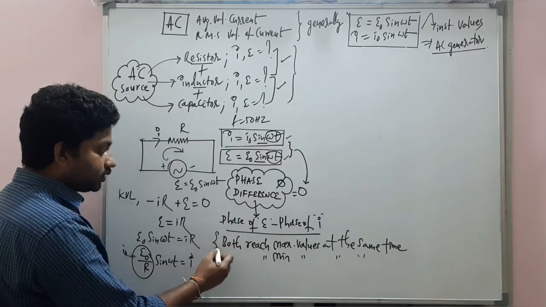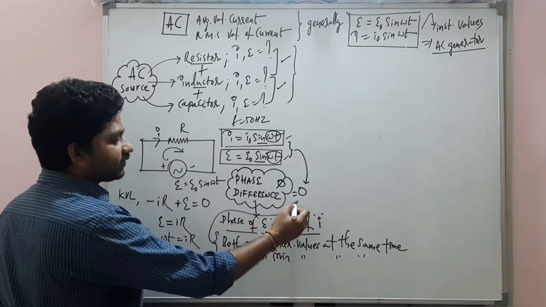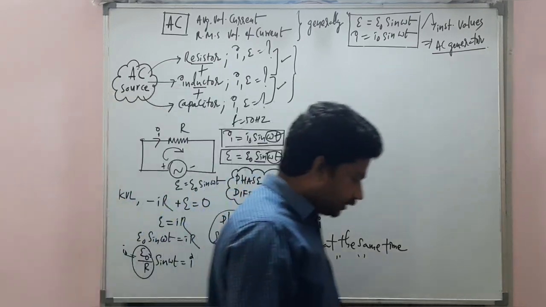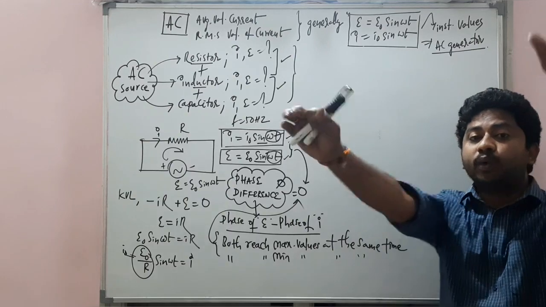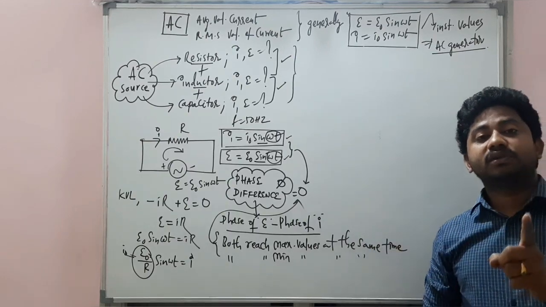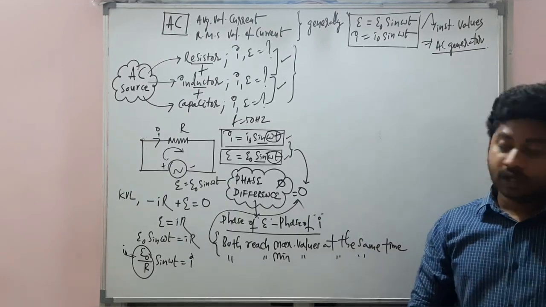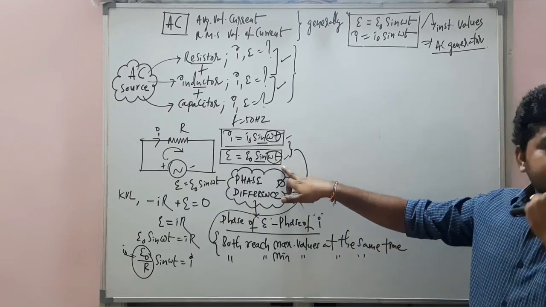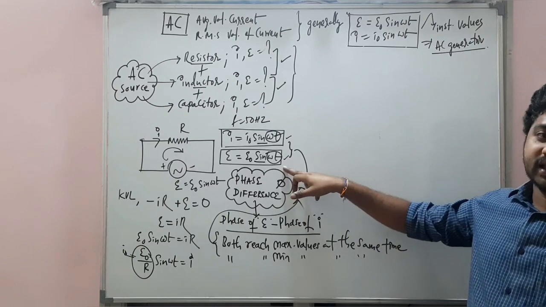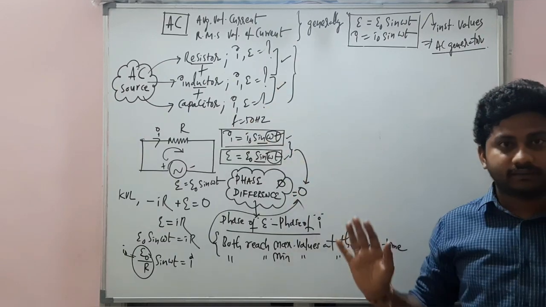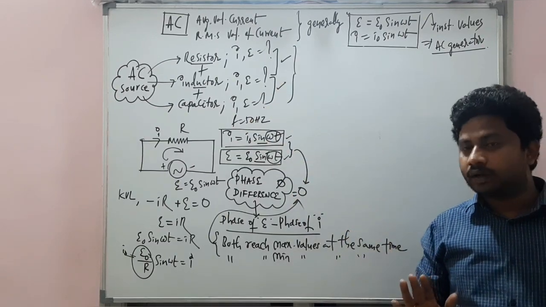That is the real meaning of the phase difference being 0. When there is a phase difference, both will not reach the maximum and minimum points at the same time. One quantity will reach the maximum while the other will be lagging behind or leading it. Clear? Simple.